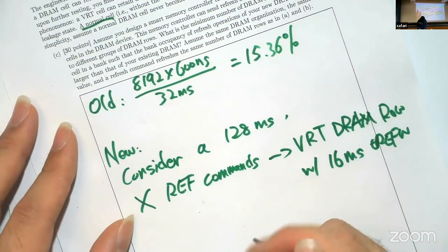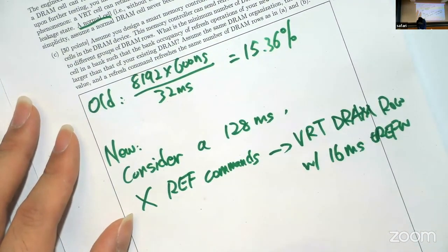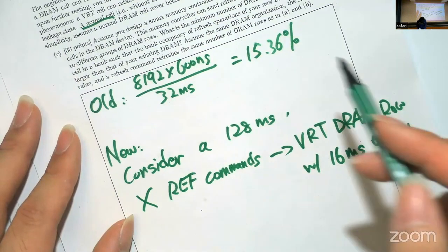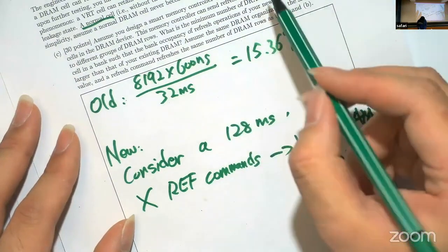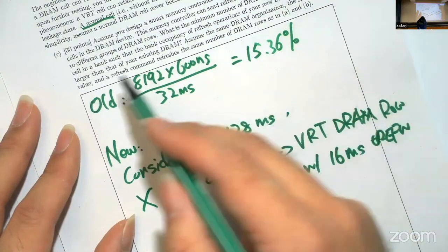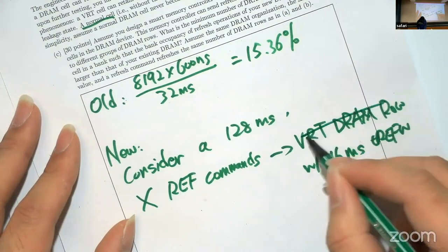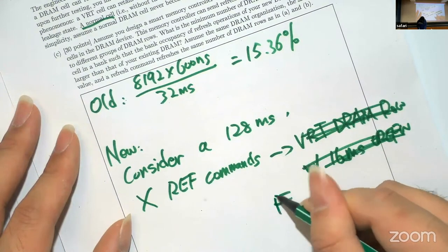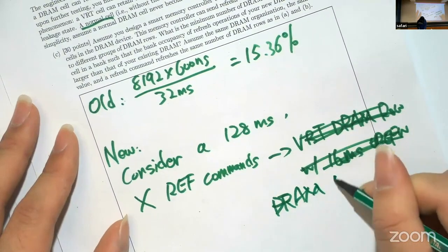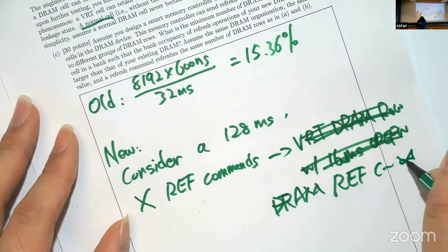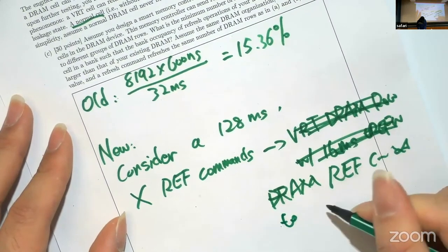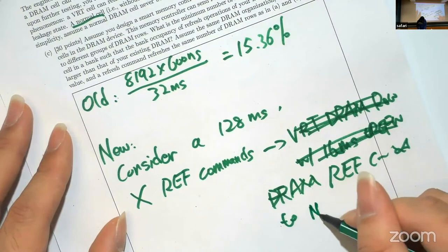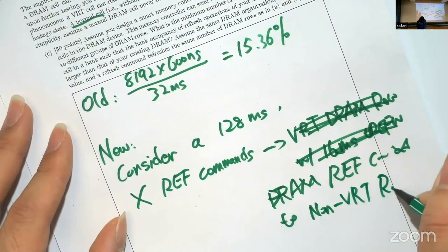Then the bank occupancy would be, since it's asking without any VRT cells, so let's just set X to be the DRAM refresh commands to non-VRT rows.